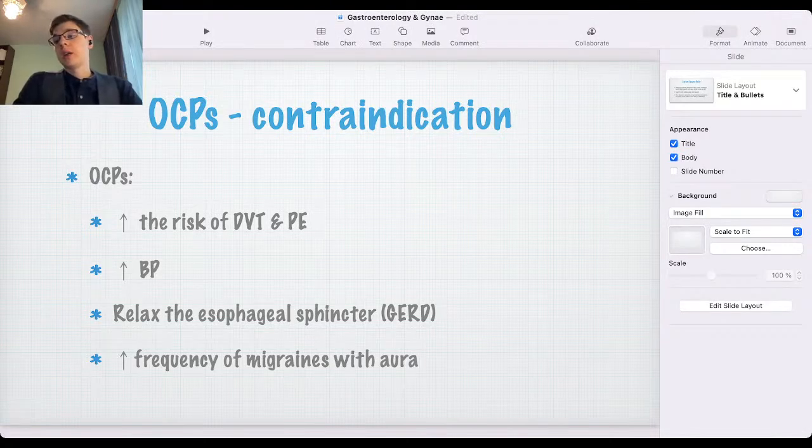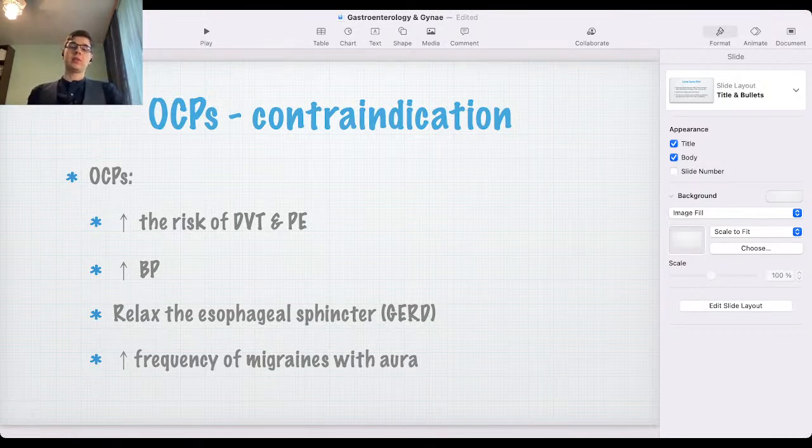Also, there is an estrogen effect that sensitizes the receptors, usually for pain, but also the receptors for serotonin. Therefore, migraines that are caused by an imbalance in the serotonin system will be more frequent with estrogen-based combined contraceptives.